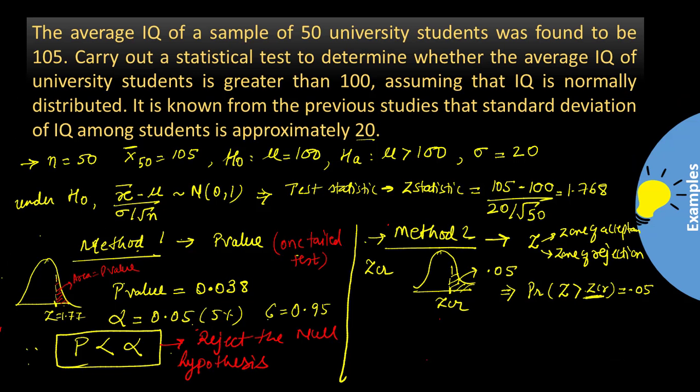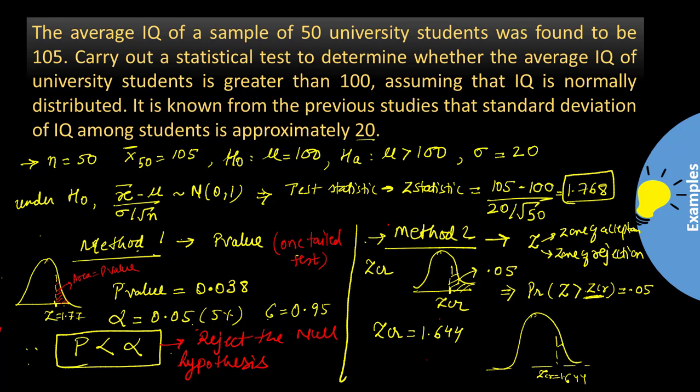Now, as we have seen from the table, our Z critical is 1.644, and our Z statistic, as we have found here, is 1.768. If we represent this in the standard normal distribution, this is our Z critical, 1.644, and our Z statistic is more than Z critical.